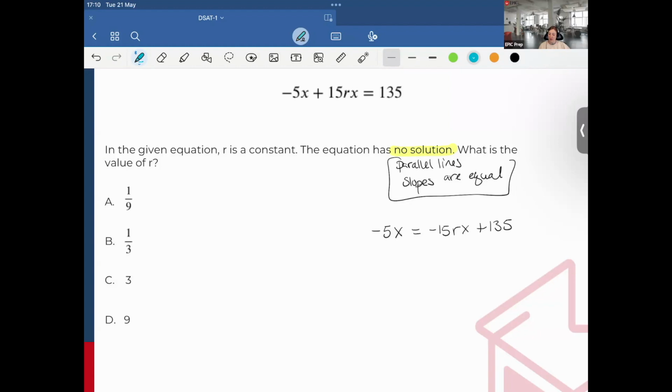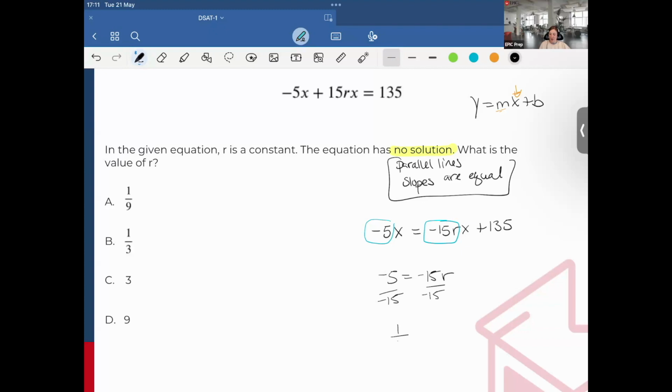So that would mean that negative 5 is equal to negative 15r because I'm referring to y equals mx plus b, linear equation. So the coefficient in front of x will be the slope. And then I just have to set negative 5 equal to negative 15r and divide by negative 15.